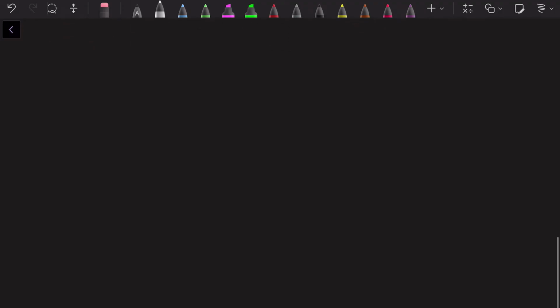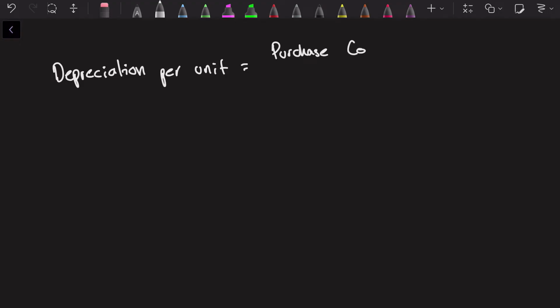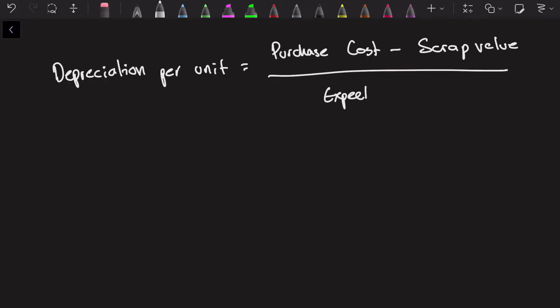Okay. Then the next depreciation you have is depreciation per unit. This one seems a bit more common in questions for some reason, I guess because it's less straightforward. They ask it in HL exams more. It is purchase cost minus scrap value, so the top is the same, over expected number of units.